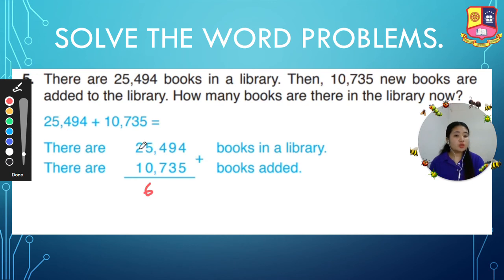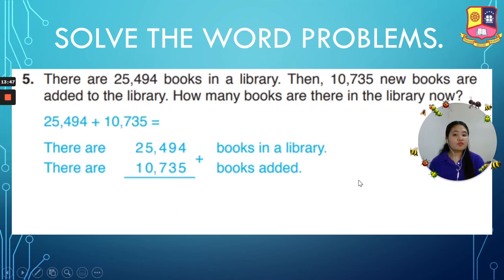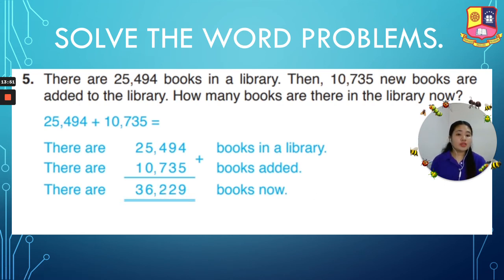Then last one, 2 plus 1, the answer is 3. Okay, so the answer on number 5 is 36,229 books now.